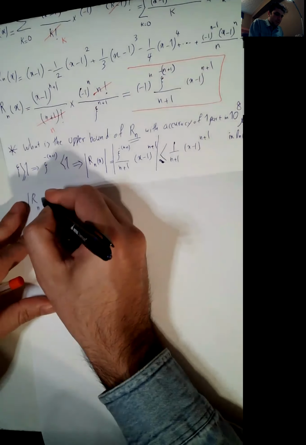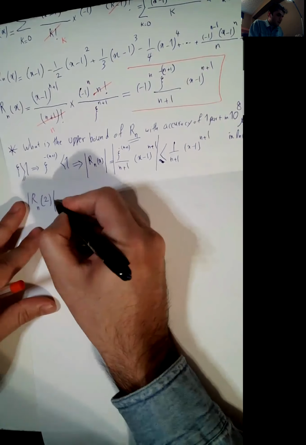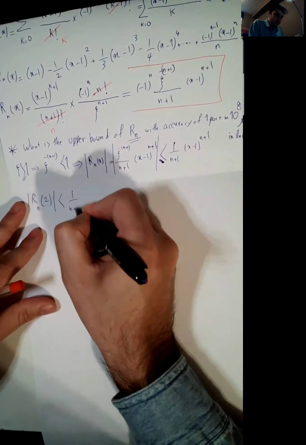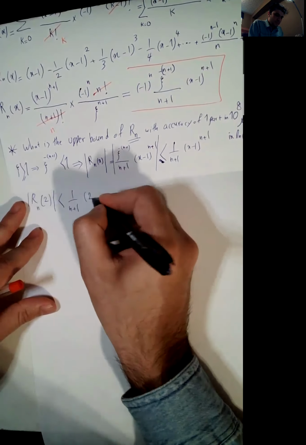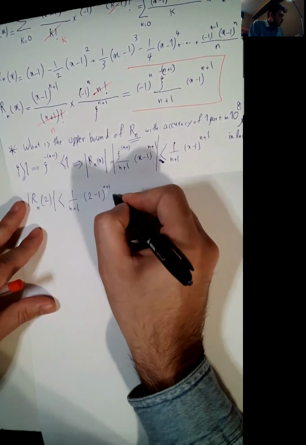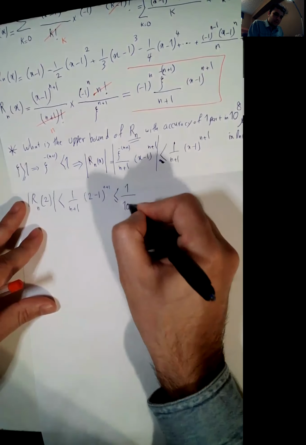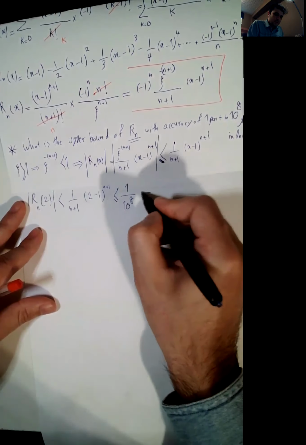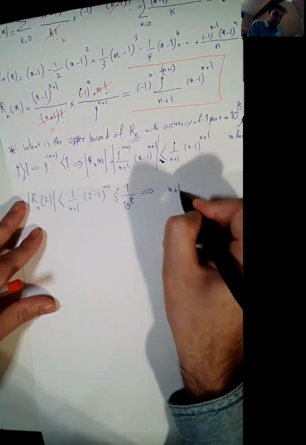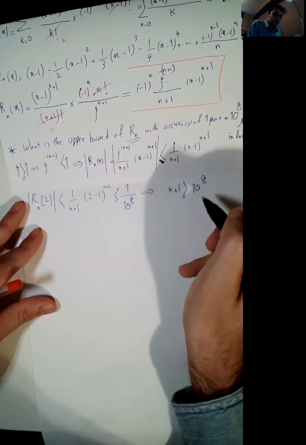So Rn(2) is less than 1 over (n plus 1), which should be less than 1 over 10 to the power of 8. If you simplify, you see that n plus 1 should be greater than 10 to the power of 8.